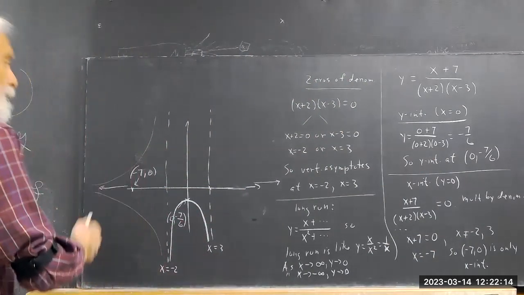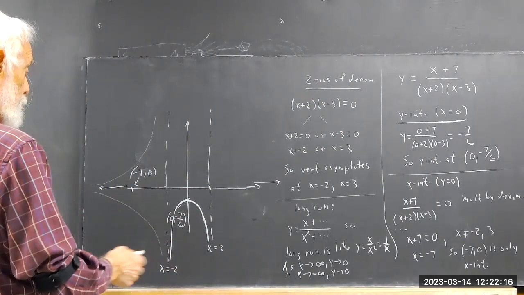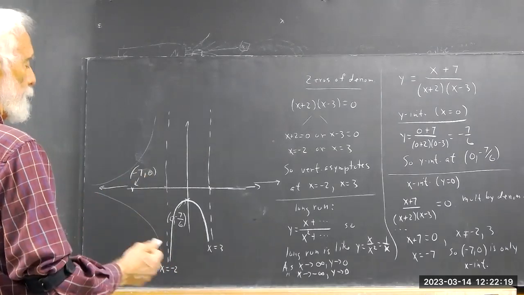I lost the negative sign. Just very careless. I apologize for that. Okay, we have -7, 0. Now the graph's going to work.